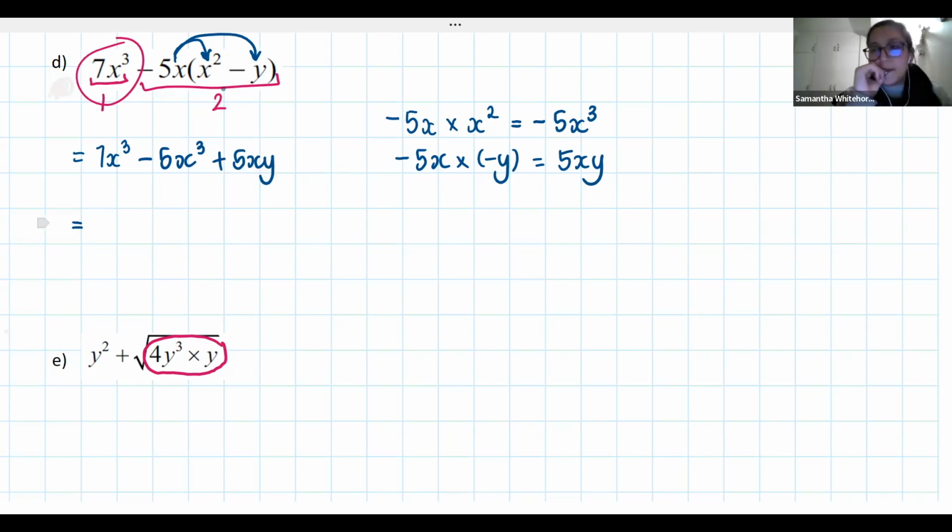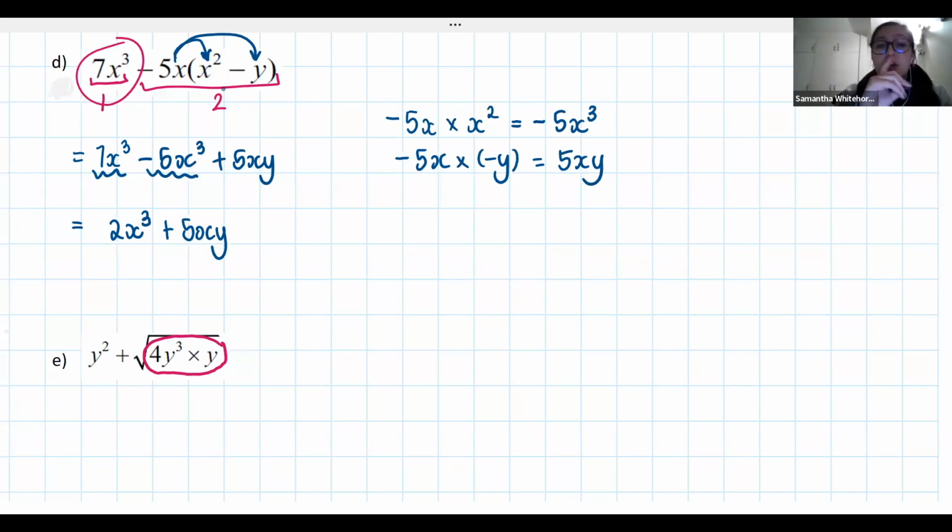And ma'am, I said 7x to the power of 3 minus 5x to the power of 3 is equal to 2x to the power of 3. Good. Okay, so guys, the 7x cubed and the minus 5x cubed are like terms. So we need to subtract them. And then we've just got that plus 5xy. Then plus 5xy, because it's not a like term, to 2x to the power of 3.